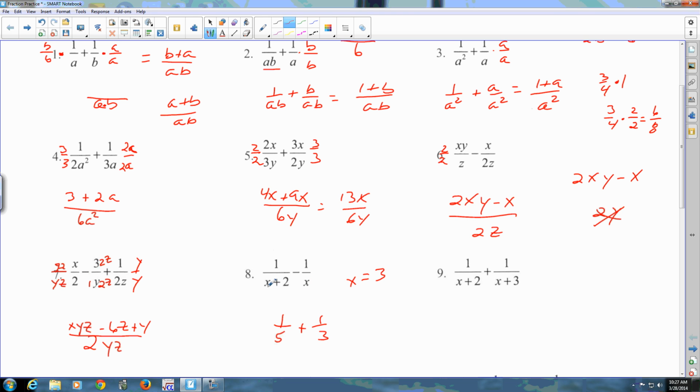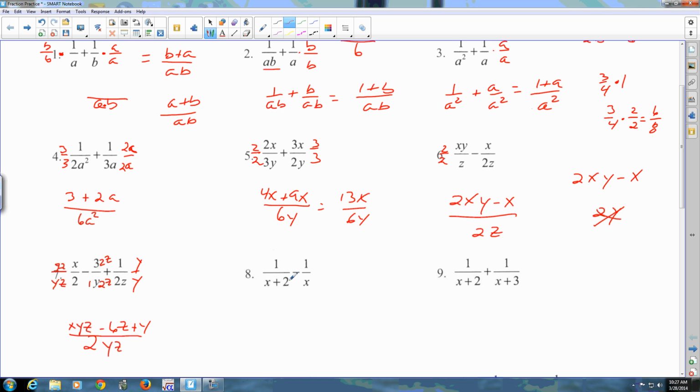Sure, these both have an x, but x plus 2 is not your LCD. x and x plus 2 are your LCDs. Just like here, 3 and 5 are both in combination your LCDs. So when you have a sum or a difference in the denominator, it's its own thing. It's unique.